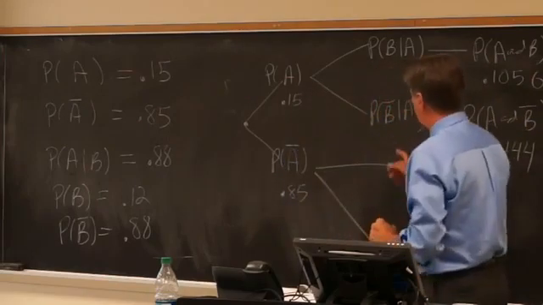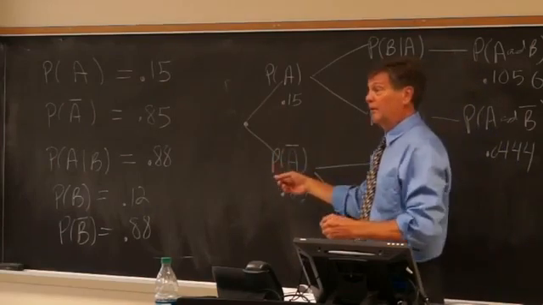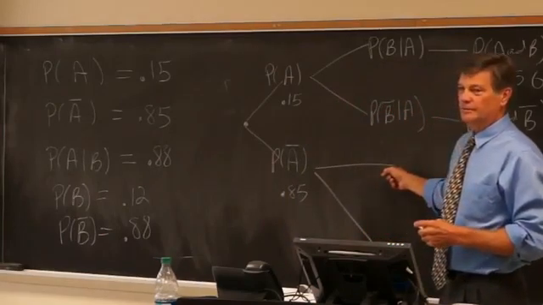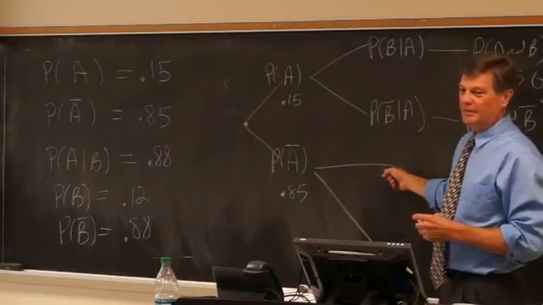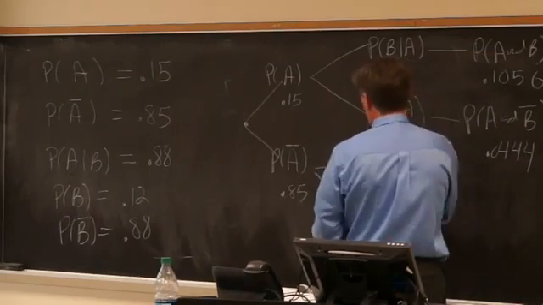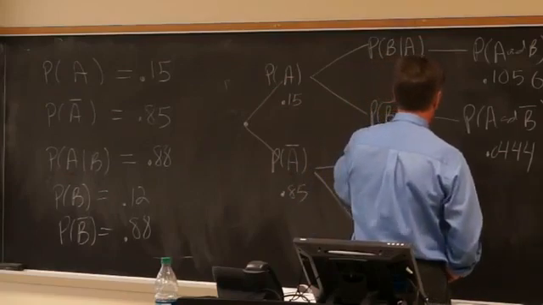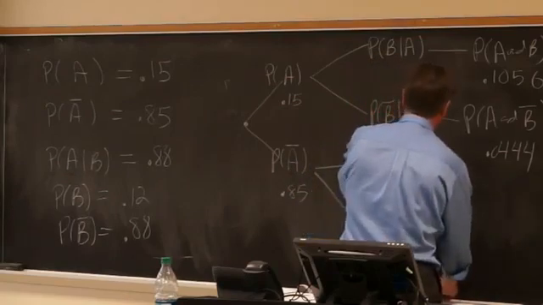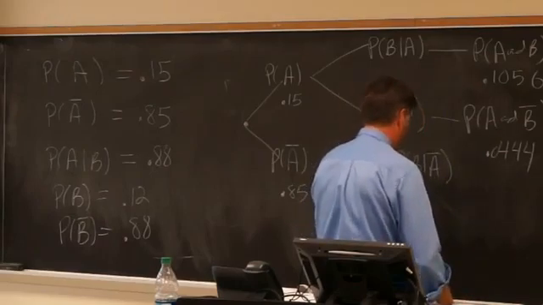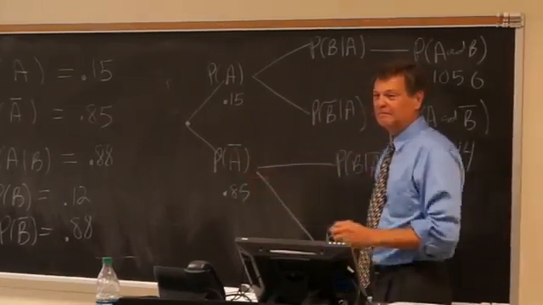Let's go ahead with my tree. Down here, now I'm given complement of A bar. What probability goes here? No, I have A bar. So probability B given A bar. Down here, the probability of B bar given A bar. I've been given A bar.